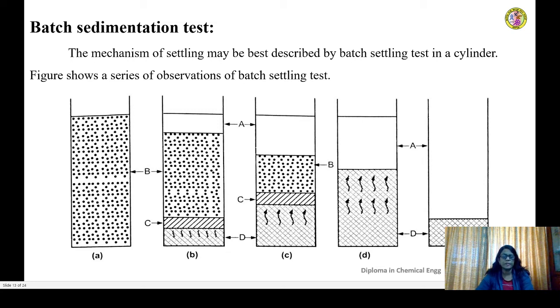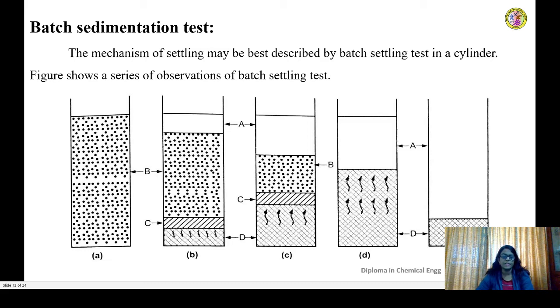When this setup is allowed to settle under constant settling conditions, we observe that the settling process proceeds as shown in figures B, C, D and E, slowly, where various zones of different concentrations are set up under the batch settling operation.